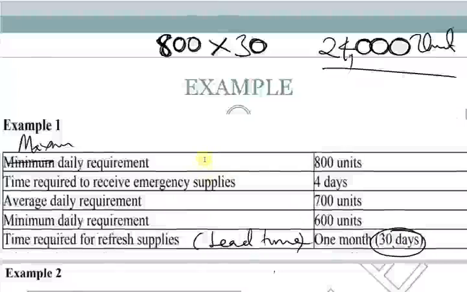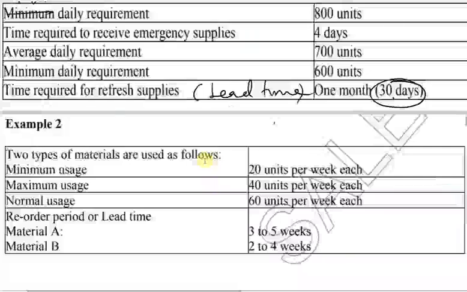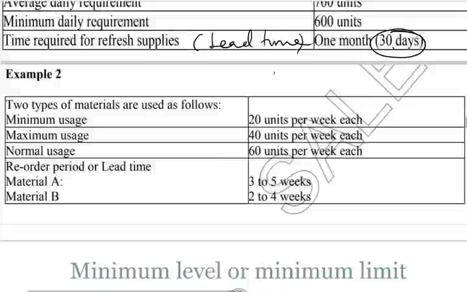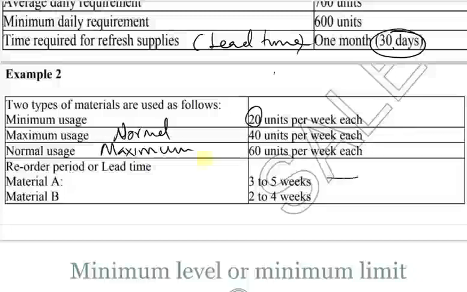That's the first example. The second one is: two types of materials are used as follows. The minimum is 20 units per week, maximum is 40, and normal is 60. They made a mistake. Normal or average is supposed to be in the middle. So this one was supposed to be normal, and this one should be maximum. Then we have two materials, A and B. For this one, the lead time is 3 to 5 weeks.